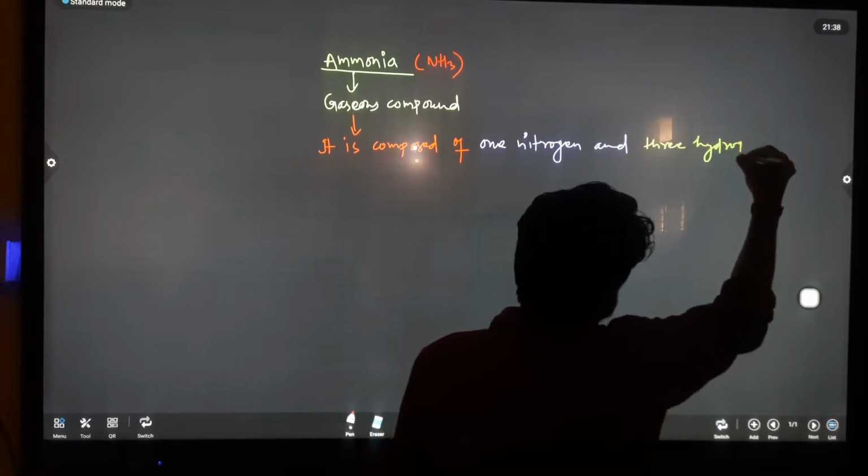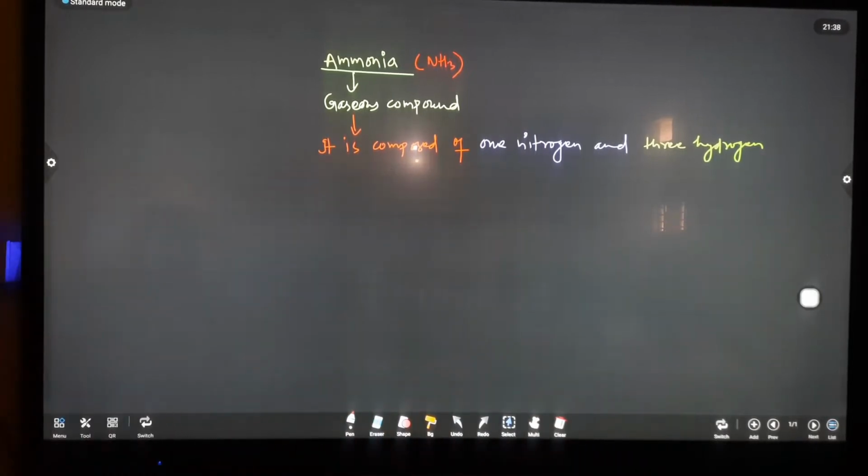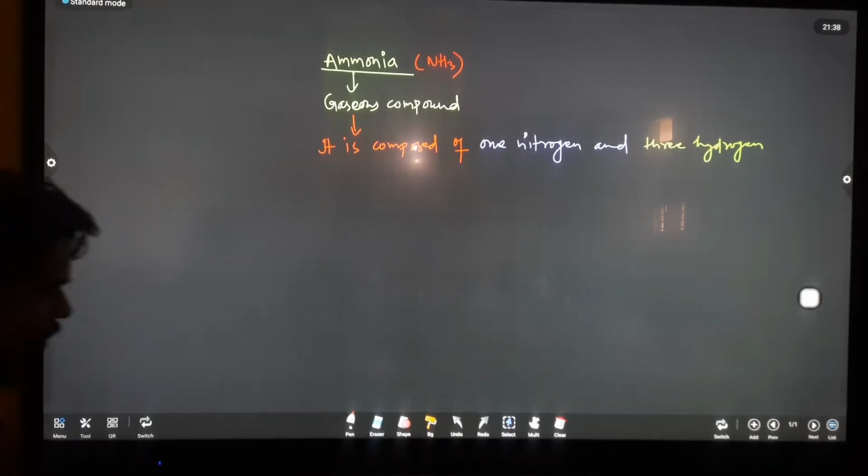That's why it is called a gaseous compound, and it was first prepared by Antoine Lavoisier.